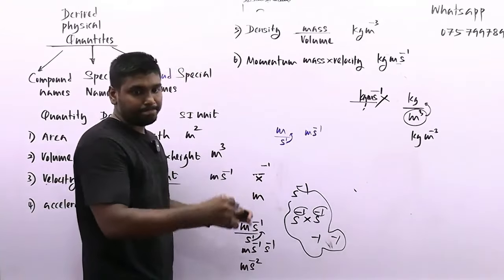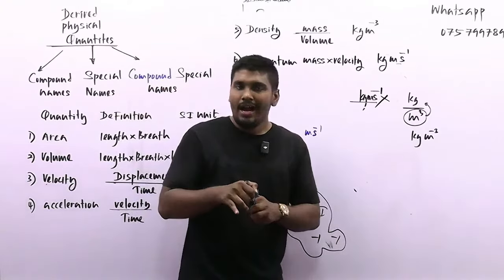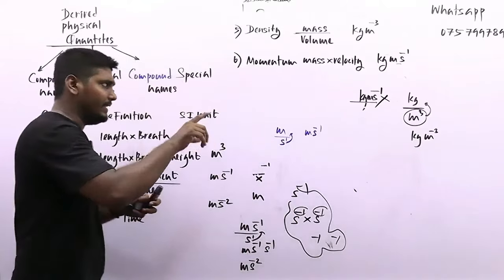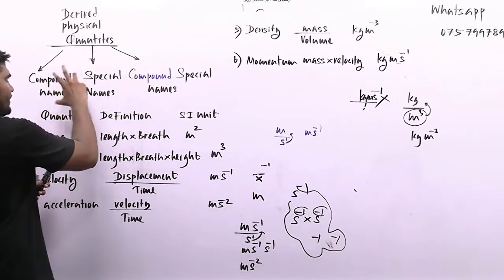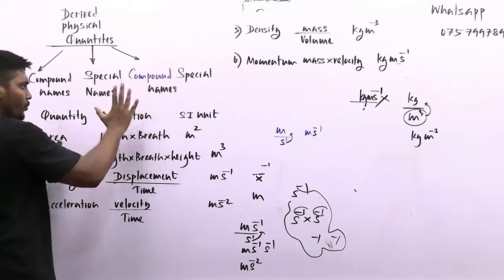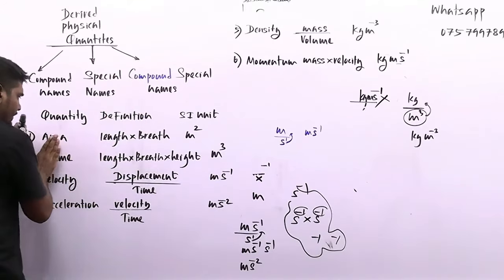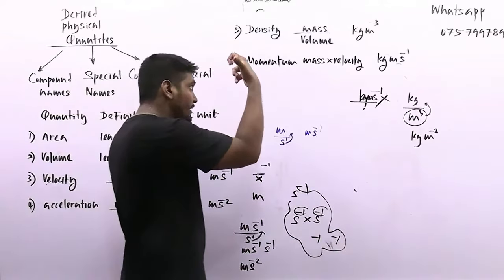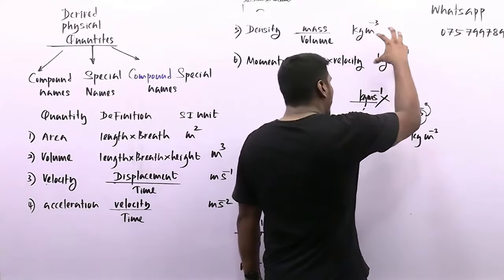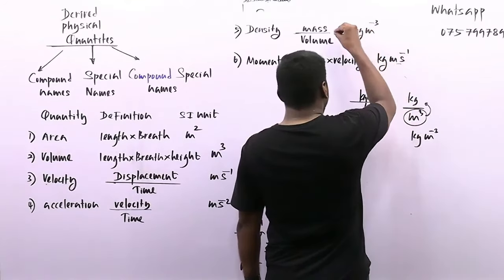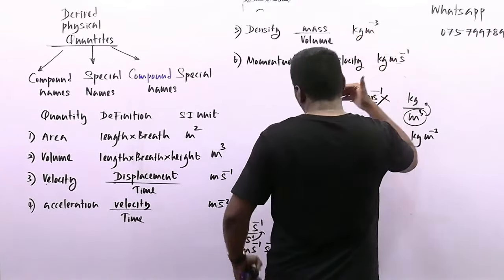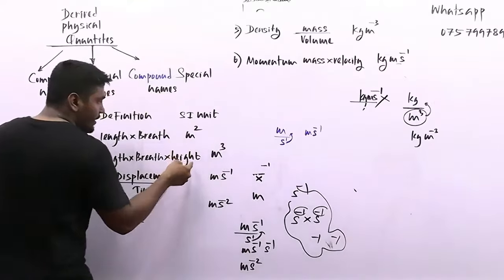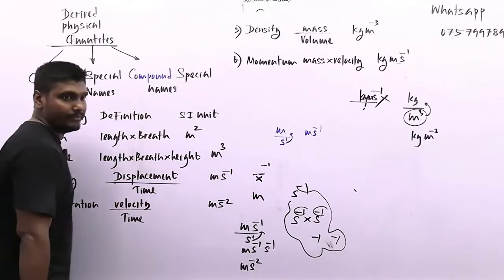Sir, why did you categorize derived units into three categories: compound names, special names, and compound special names? Look here. These derived physical quantities, area, volume, velocity, acceleration, density, momentum, the units are derived only from the basic units.